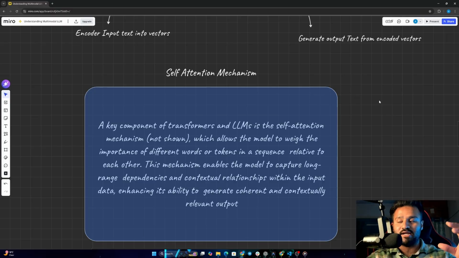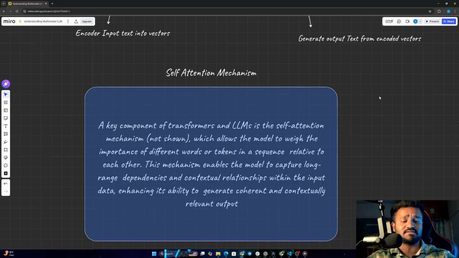Maybe the first word is important, maybe a word five positions back is important to this particular word. So attention allows the model to capture long range dependencies, and that is why transformers are so powerful.